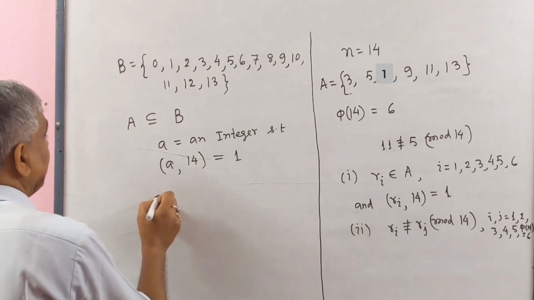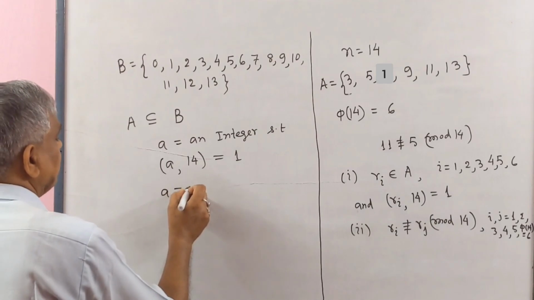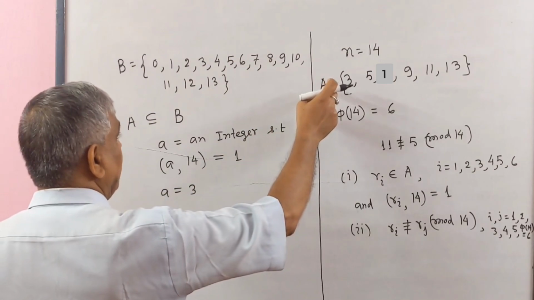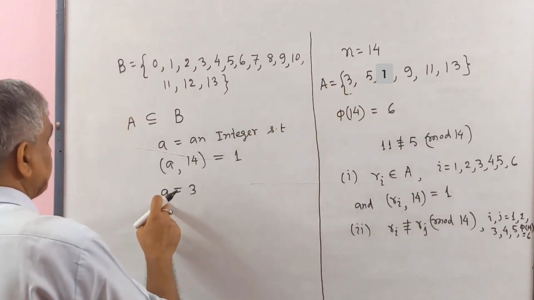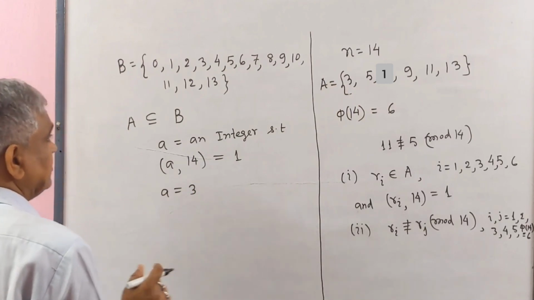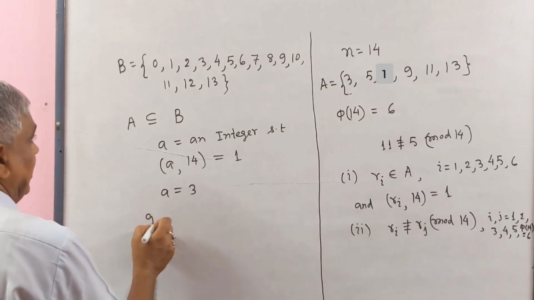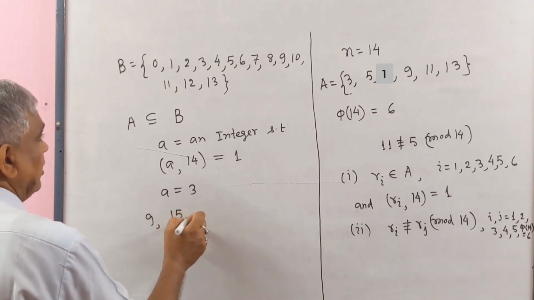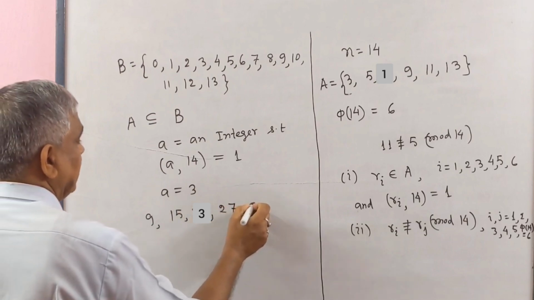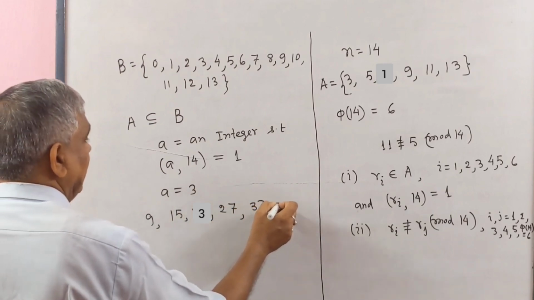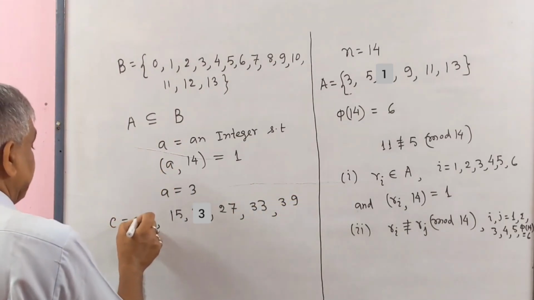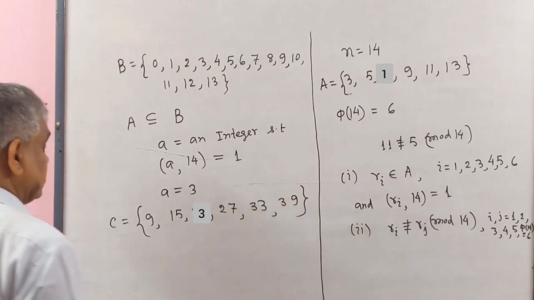Here we may take a equal to 3, and if we multiply each element of set A by this small a, that is by 3, we get integers 3, 9, 15, 27, 33 and 39. Let C be a set containing these integers.